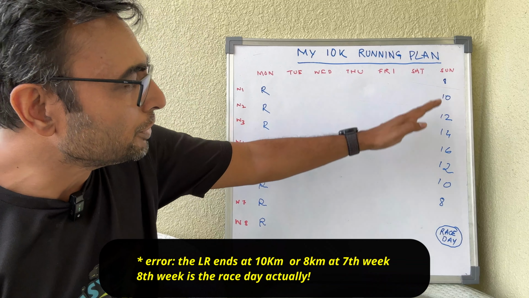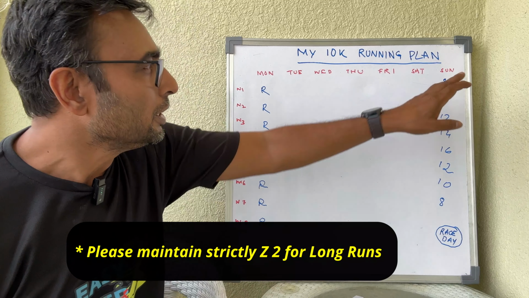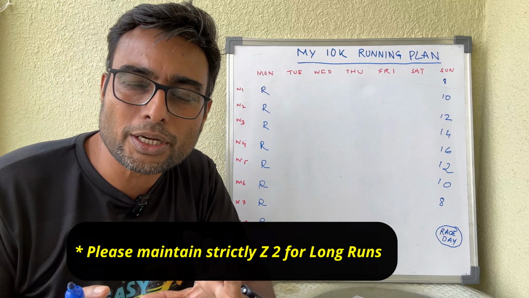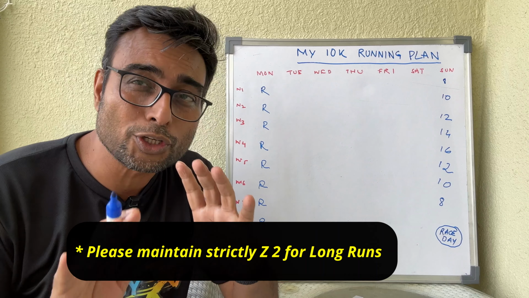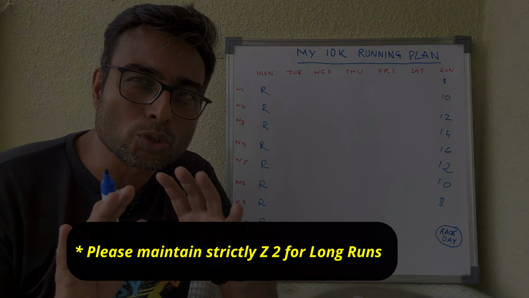So gradually you increase and then gradually come down. These long runs are to be done at a very slow, easy pace. Remember zone 2 that we spoke about, so you do it at zone 2.